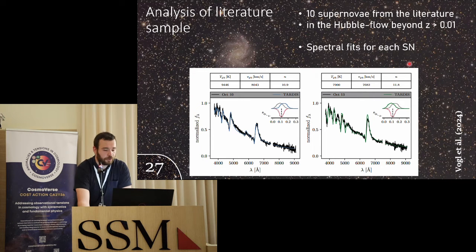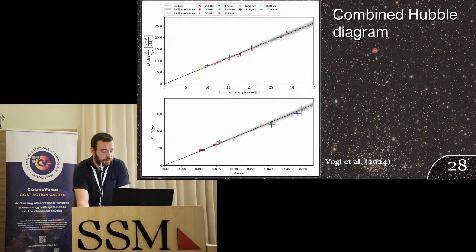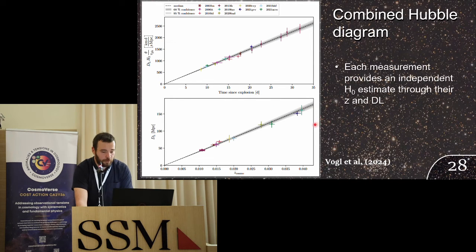And he performed a spectral fitting for each of these supernovae. And this is the final Hubble diagram that you can get based on type 2 supernova modeling alone for this literature sample, along with the best fit Hubble law.